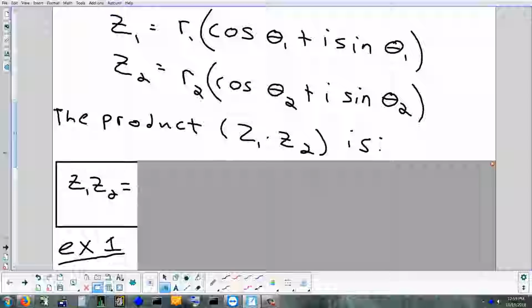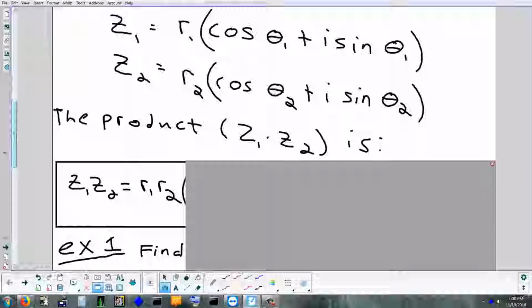To multiply two complex numbers in polar, you do two things. First, you have to find what your new radius is. The new radius is just the product of the old ones. So you take r1, take r2, multiply them together, that's it. There's your new radius, that's half the problem.